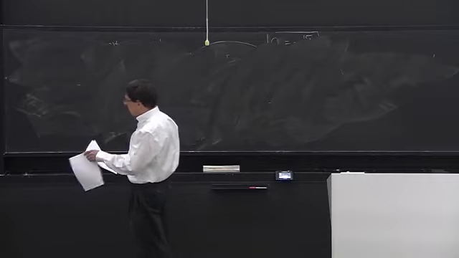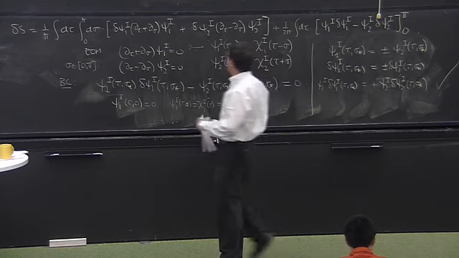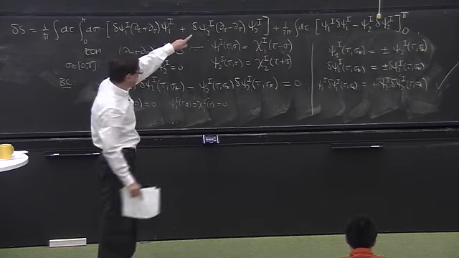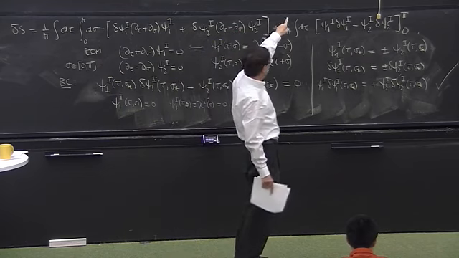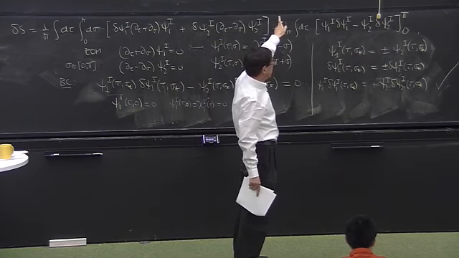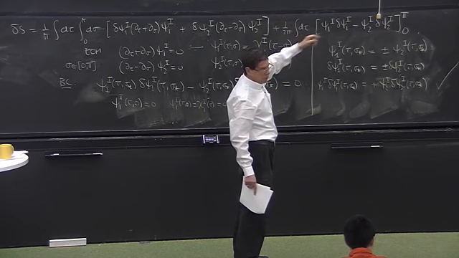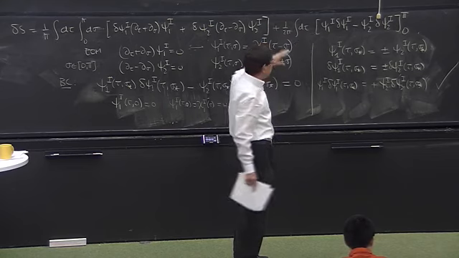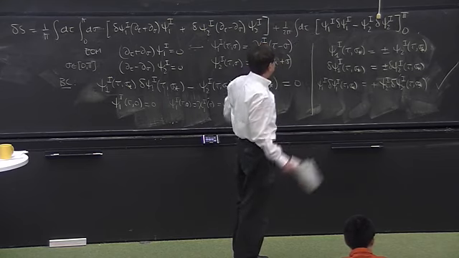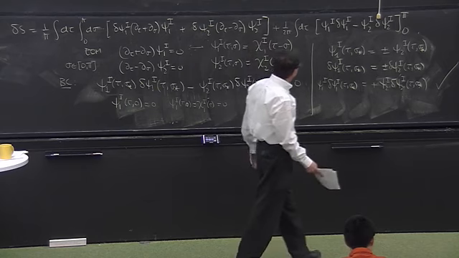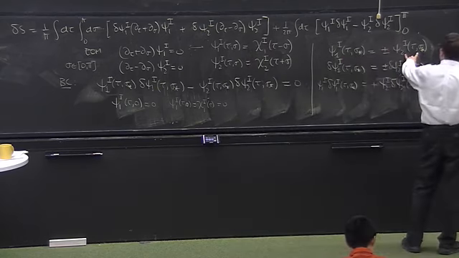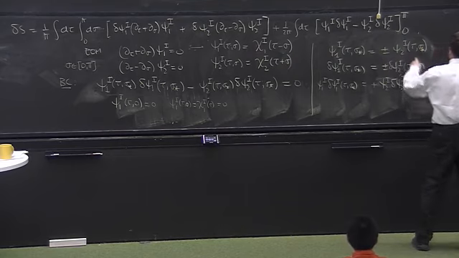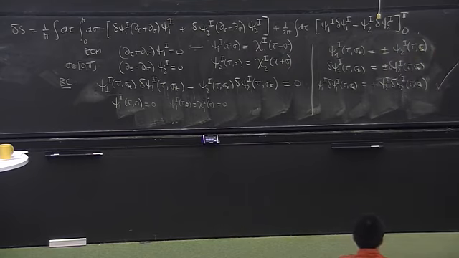Okay. I want to make another remark here, that this fermion action that we've written is invariant if you change ψ₁ by minus ψ₁ or ψ₂ by minus ψ₂. So a little bit of these signs are irrelevant. So we can suppose this would be equal to that one or minus equal to that one at σ = 0.